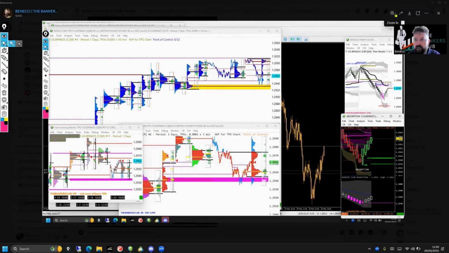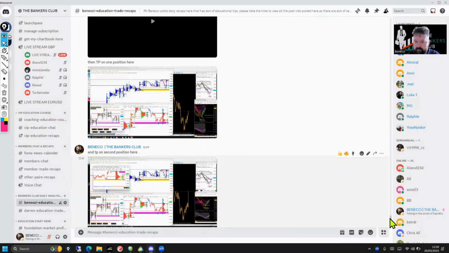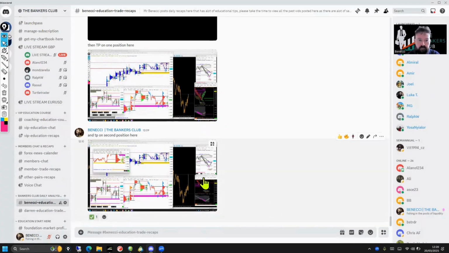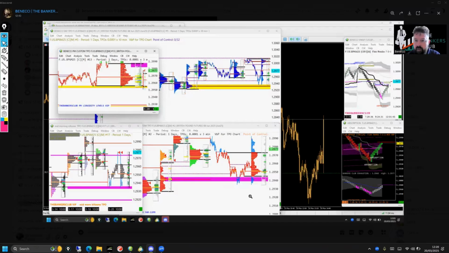And then you can see I TP'd on my last remaining position, just having swept the liquidity above there. And then I closed out that position.